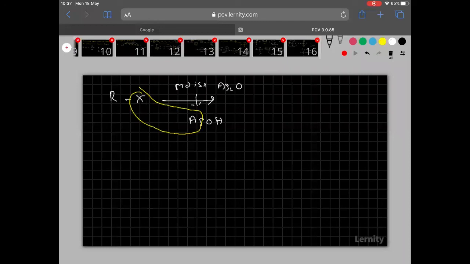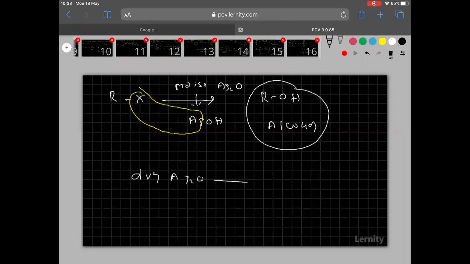That means, remember everyone, alcohol is formed but not ether. So if you take dry Ag2O, then only we get ether. If you take moist Ag2O, please be careful, then we get alcohol. Hope you are able to understand this point.